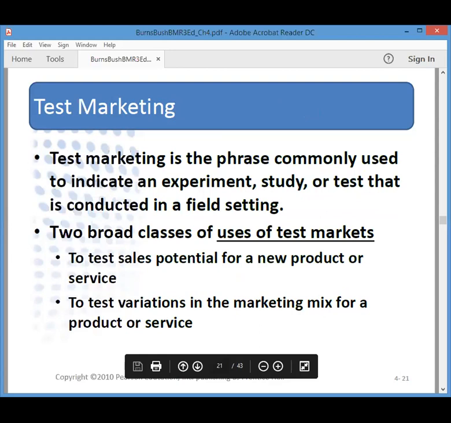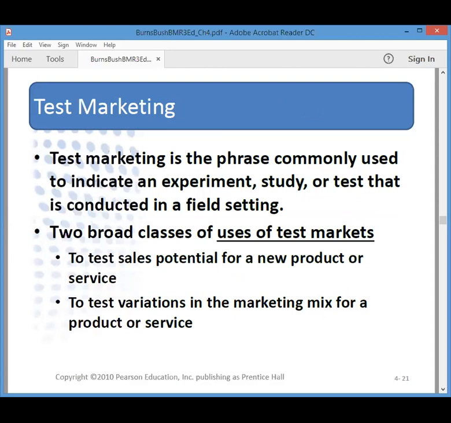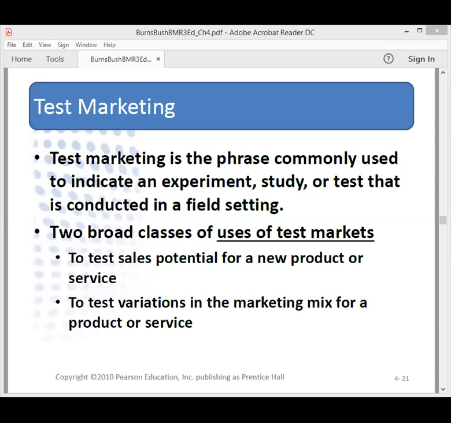Test marketing is the phrase that's used to indicate an experiment, study, or test that's conducted in a field setting. So you might use it to test sales potential, or to look for the effects of varying your marketing mix for a product or service.